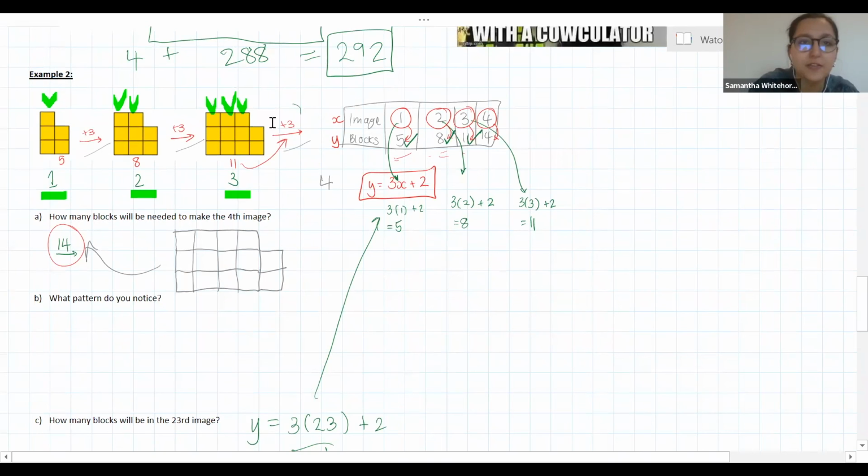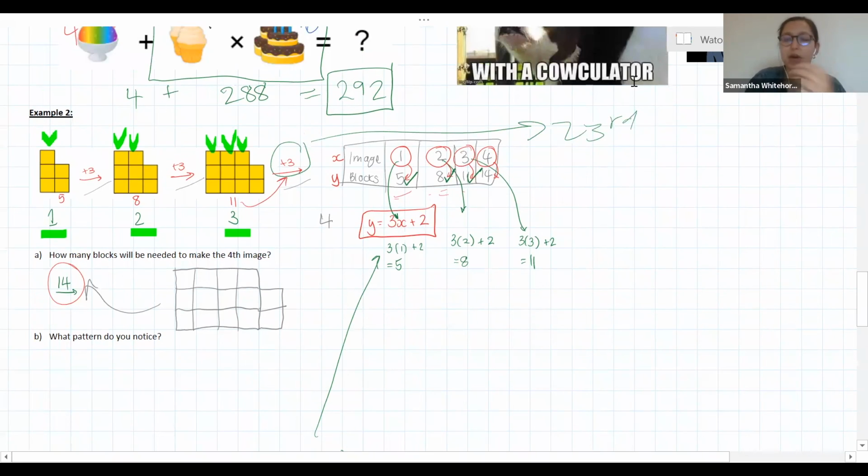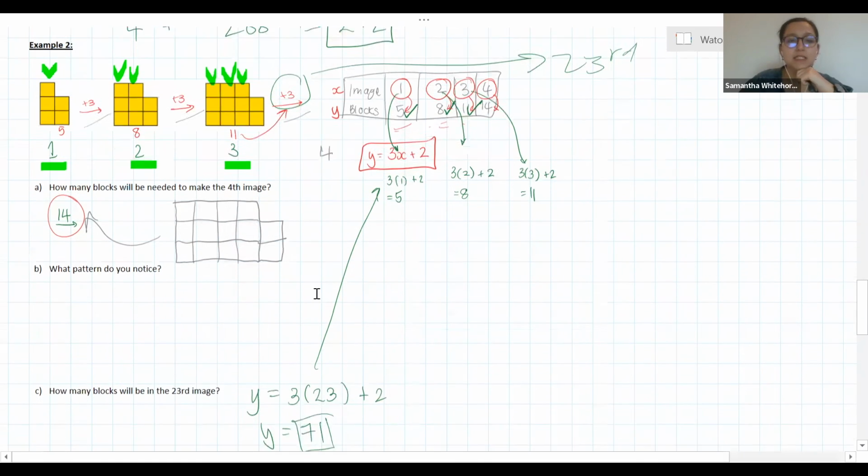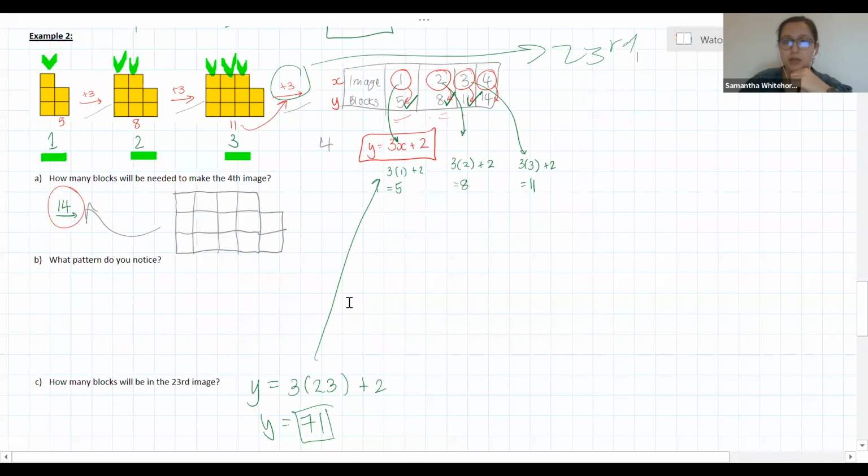I would literally have to add 3 all the way up to the 23rd image, so another 20 times to get my answer. That's a mission. And this is why we have ways to find a rule or an equation to help us bypass all of that. And so our answer here is 71 blocks.